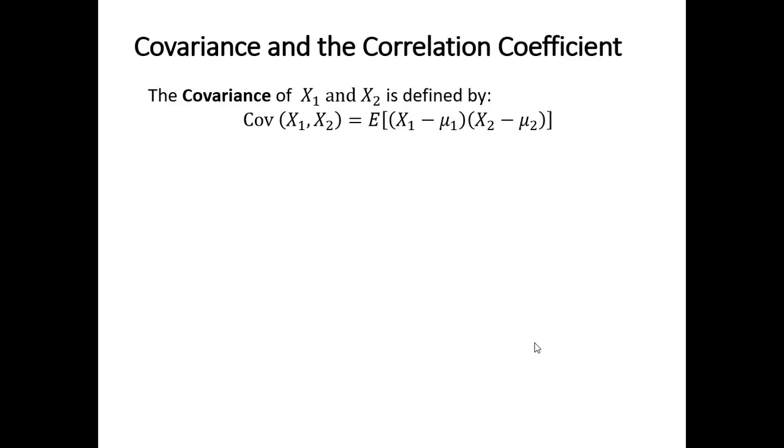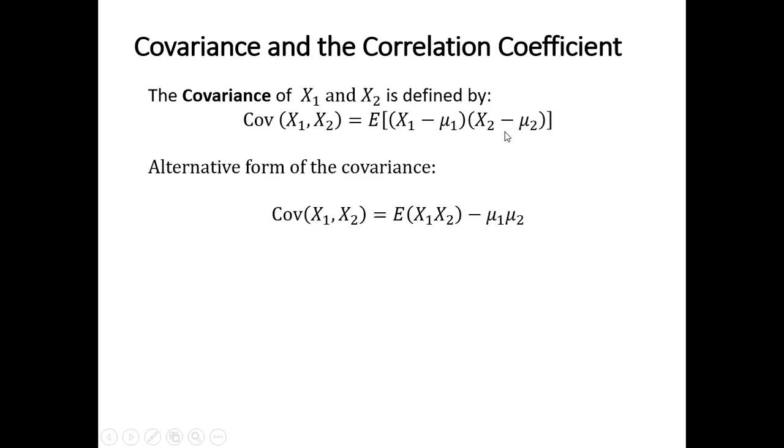Okay, so we define the covariance of x1 and x2 as the expectation of x1 minus mu1 times x2 minus mu2. But due to one of the properties I just showed you, this can be simplified to just E of x1 times x2 minus mu1 times mu2.